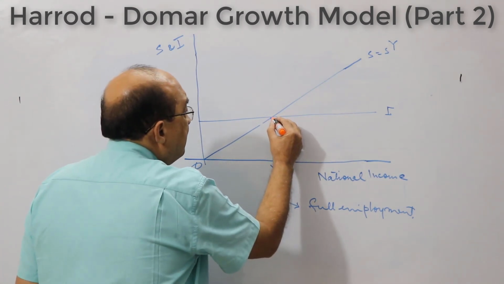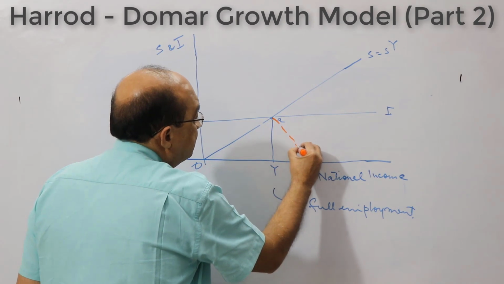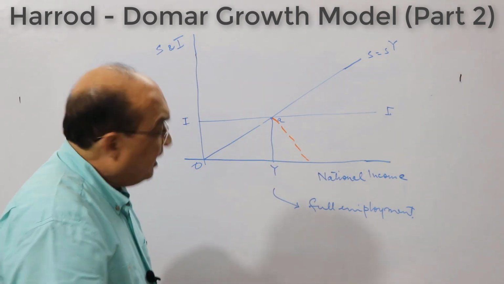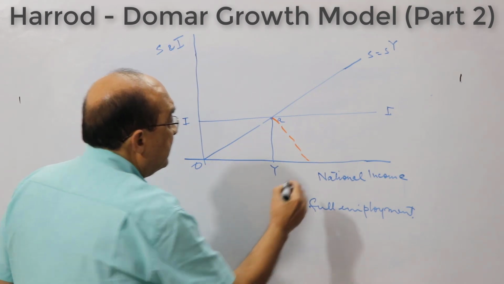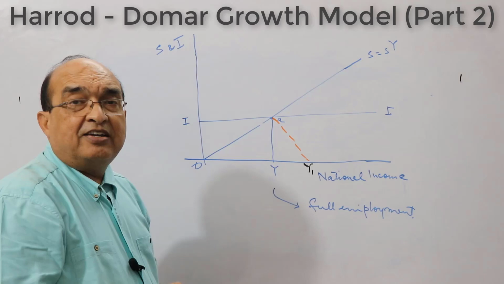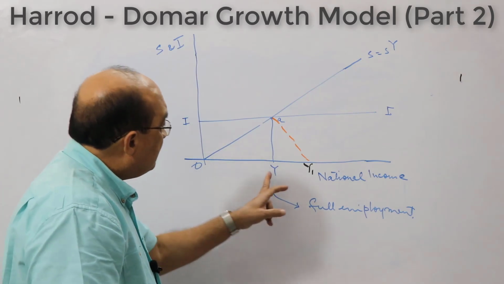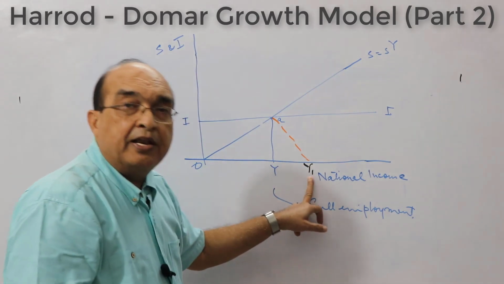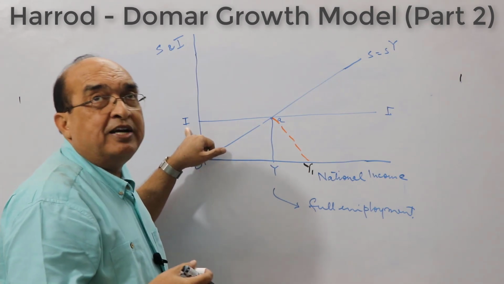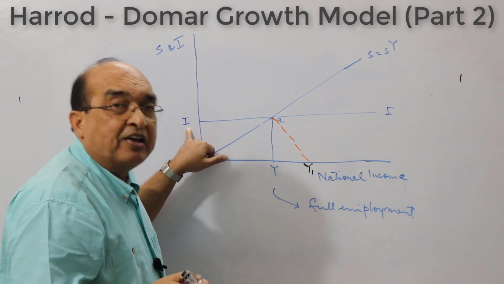Increase in productive capacity simply means that the potential output in the next period should be OY1. That is, there will be an increase of YY1 as a result of this investment.